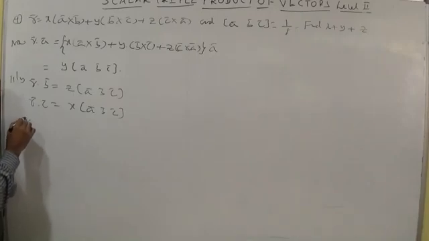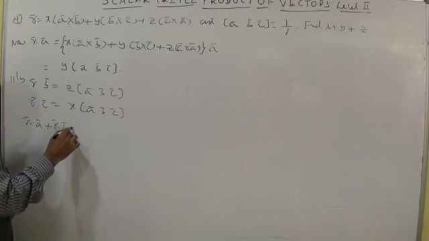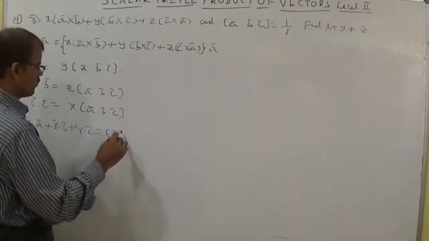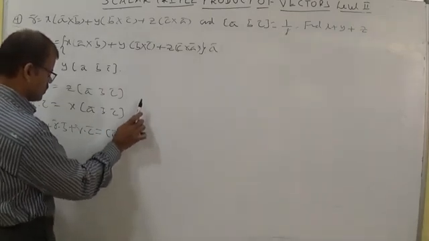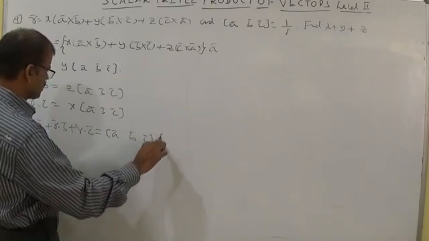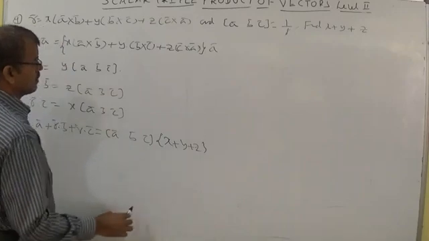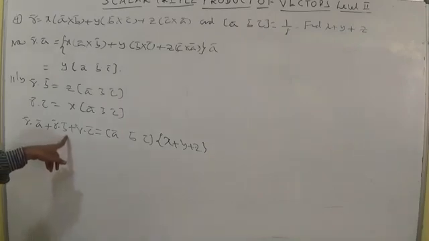So that implies we can write here R bar dot A bar plus R bar dot B bar plus R bar dot C bar is equal to, if we take in common box ABC, you can write here X plus Y plus Z. R bar dot A bar plus R bar dot B bar plus R bar dot C bar is equal to box ABC, given as 1 by 8.